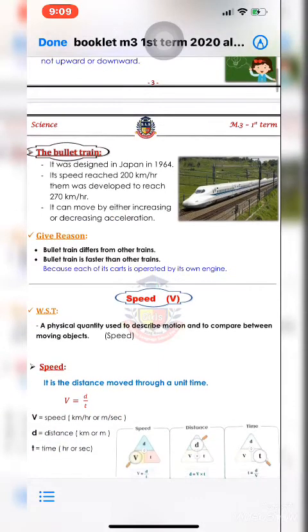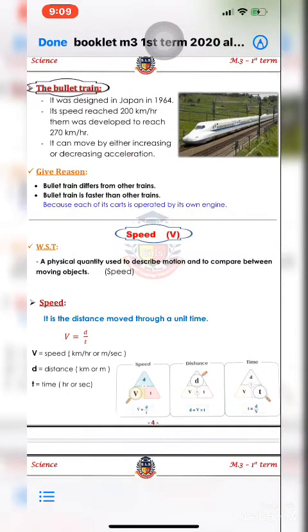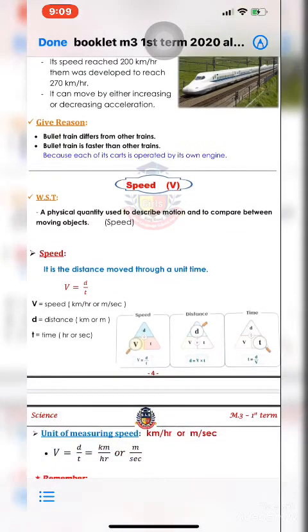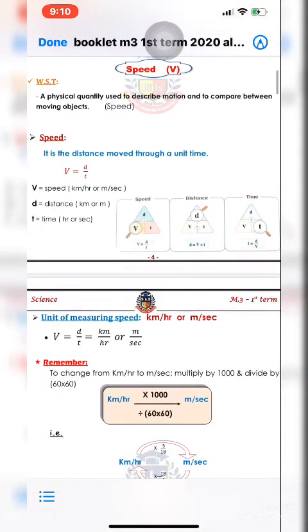And we studied also the bullet train, and we knew that it differs from the other train or the normal train because each of its cars is operated by its own engine. And the second term we studied is speed, which is the physical quantity used to describe motion and also to compare between moving objects. The definition of speed is the distance moved through unit time.